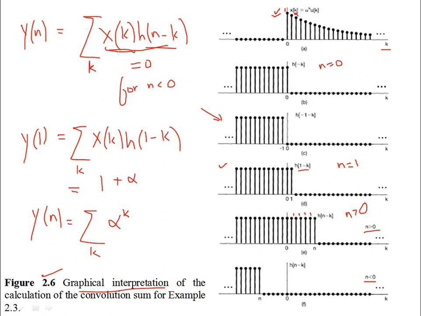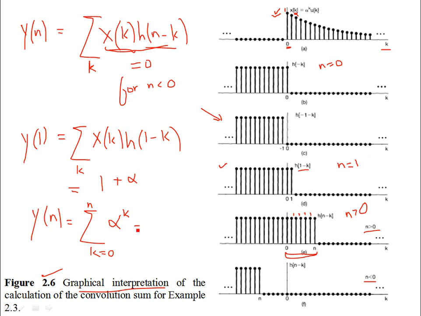My lower limit for k starts from 0, so I don't need to consider the negative values of k. The upper limit is n, because the overlapping is between 0 and n. This is the region where the samples are overlapping.